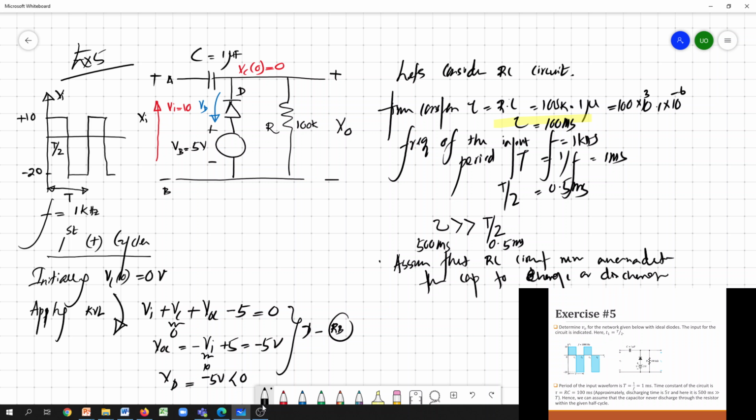So from these values we can come to a conclusion that during this first positive cycle the capacitor never charged.